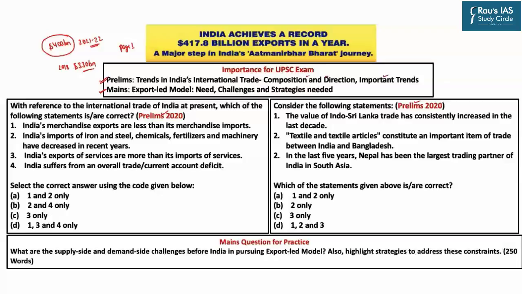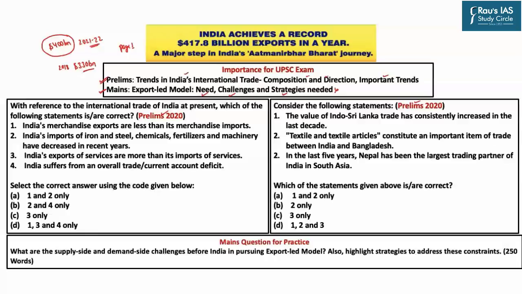As far as the mains related aspect is concerned, one should be aware as to why India should pursue an export-led model, what the challenges with this export-led model are, and what strategies we must pursue in order to address these challenges. Since the prelims examination is fast approaching, I shall not be focusing upon the mains related aspects. I shall be focusing mainly on the prelims related aspects.